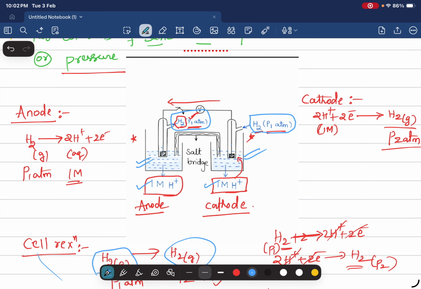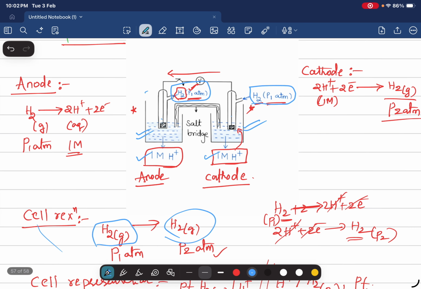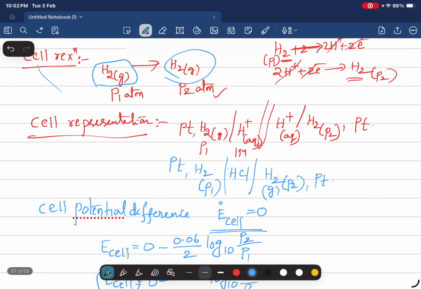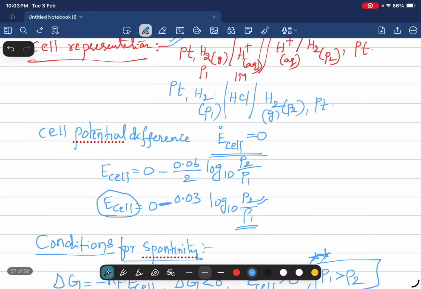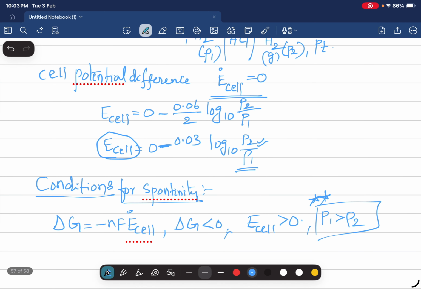When oxidation and reduction happen simultaneously, the electrons move from anode to cathode. That's how the potential difference exists and the cell will start producing current. And here we saw the reactions at anode and cathode, how to represent the cells, and finally the condition for spontaneity: P1 is supposed to be greater than P2.